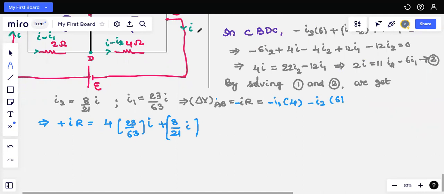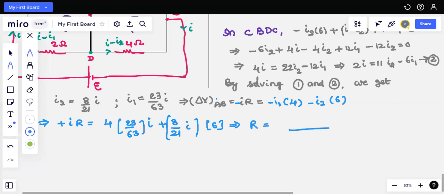Now I cancel on both sides. So R is equal to LCM 63, 4 into 23 plus 21 3s are 63, 3 8s are 24, 24 into 6. This multiplication you have to do.